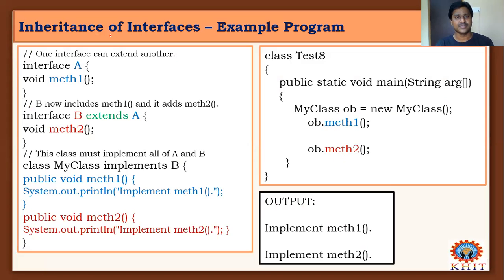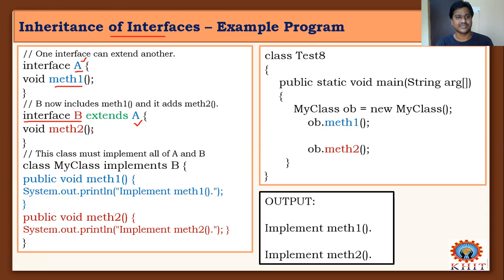Here is one simple example to illustrate the point we just covered. In this program, one interface is defined, that is interface A, and method 1 is defined in it. Whereas another interface is called B, and this interface B is extending the interface A. So this is the thing we are going to discuss in this inheritance of interfaces.